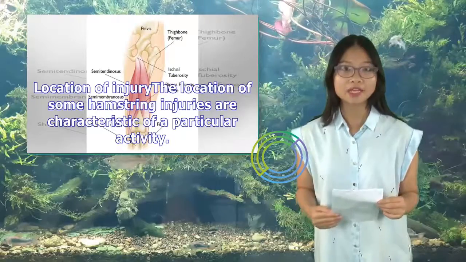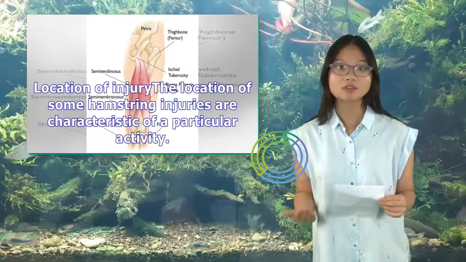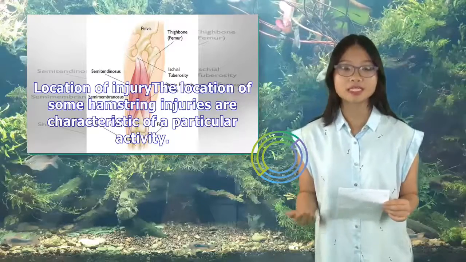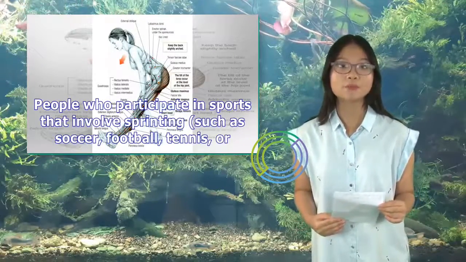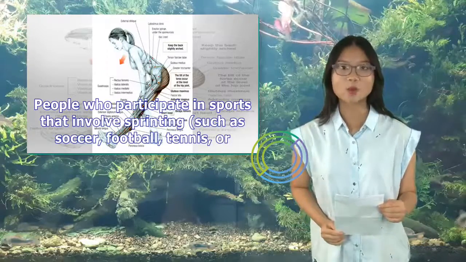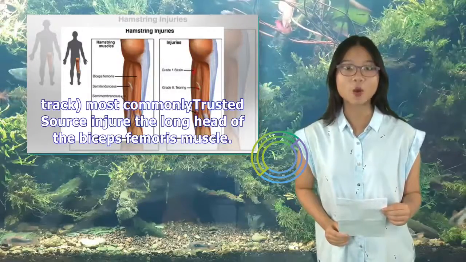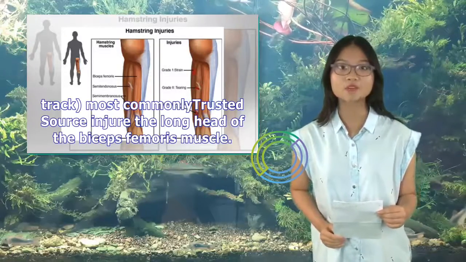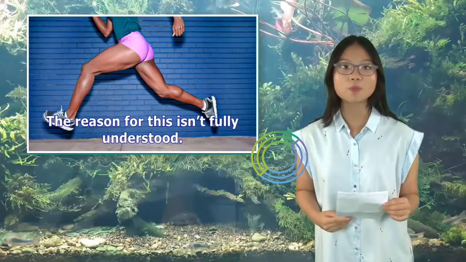Location of injury. The location of some hamstring injuries is characteristic of a particular activity. People who participate in sports that involve sprinting, such as soccer, football, tennis, or track, most commonly injure the long head of the biceps femoris muscle. The reason for this isn't fully understood.